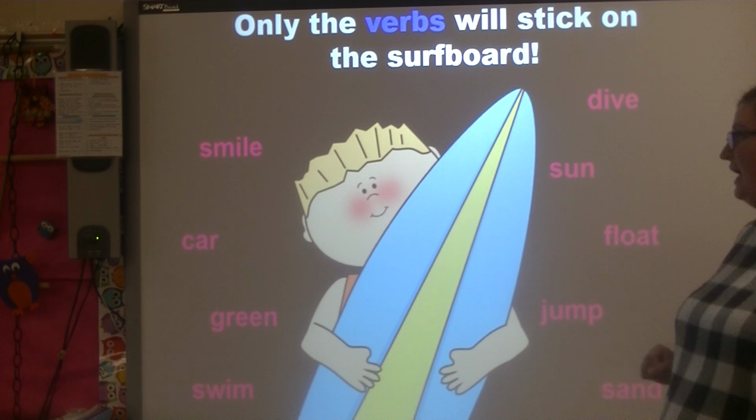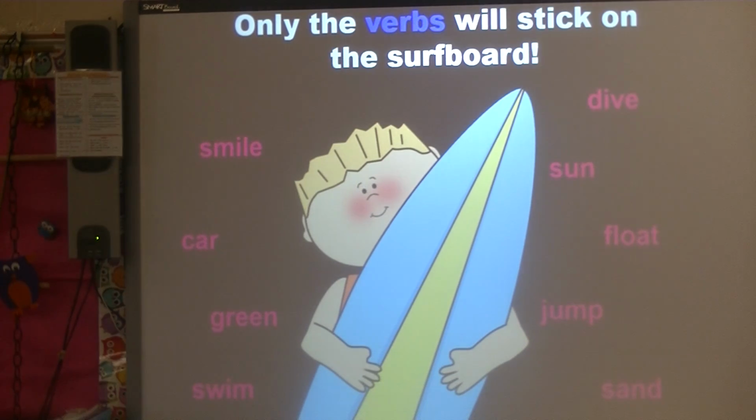All right, let's see if you're right. Remember, only the verbs will stick to the board. All right, you can smile. Car is a noun. Green is a describing word, an adjective. Yes, we can swim. It's a verb. Dive is a verb.